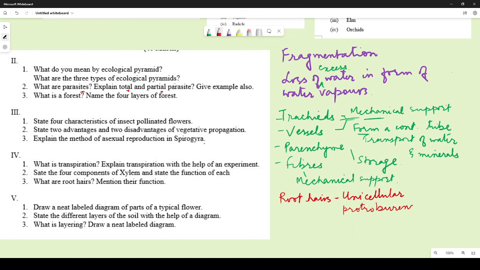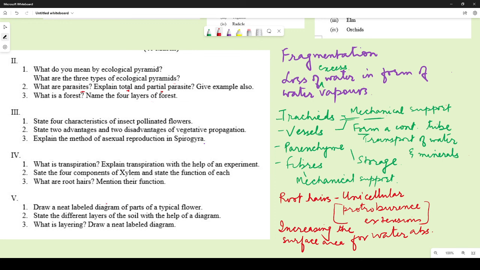They are extensions of the epidermis of root, and they help in increasing the surface area for the absorption of water. They increase the surface area for water absorption because they are pretty long, right? So they help in increasing the surface area for water absorption.